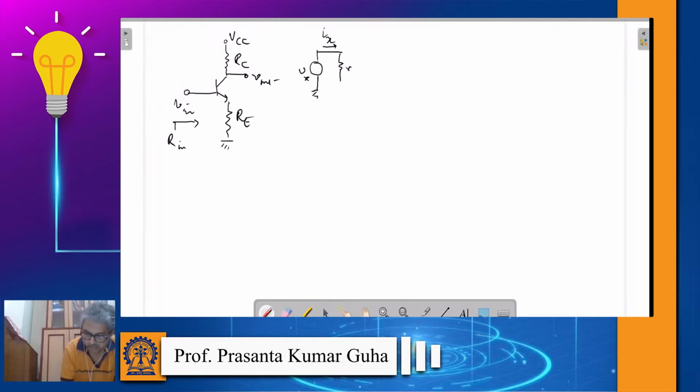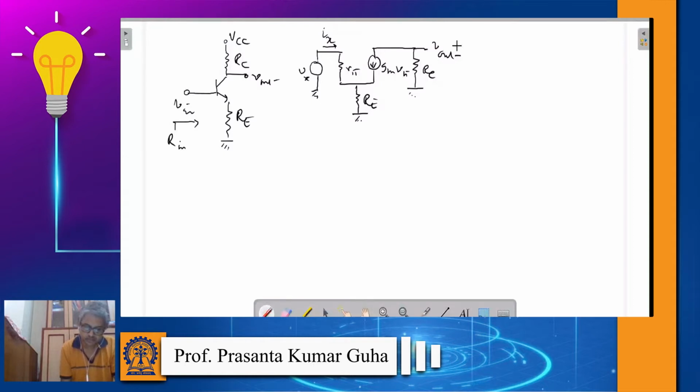And this is your R pi, this is Gm V pi, okay. This is your Re, and there is RC at the output, and we are neglecting the R naught, that is the resistance because of the early voltage.